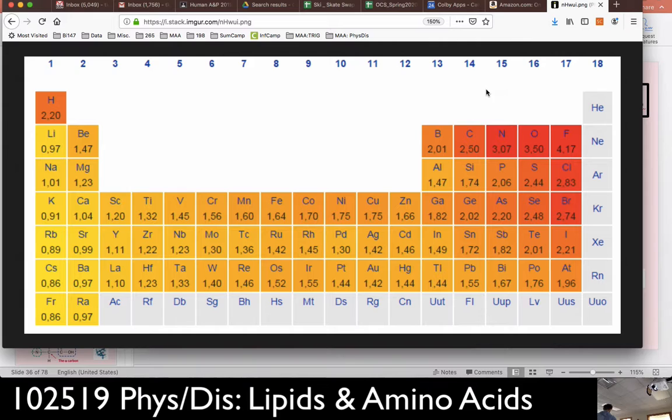Does that make sense? That's the more explicit definition. For this class, what that means is that things that are polar are going to be things that like to be in water. Things that are non-polar are going to be things that want to get away from water and do not like to be around it. Does that make sense? Okay. So imagine it's like this.